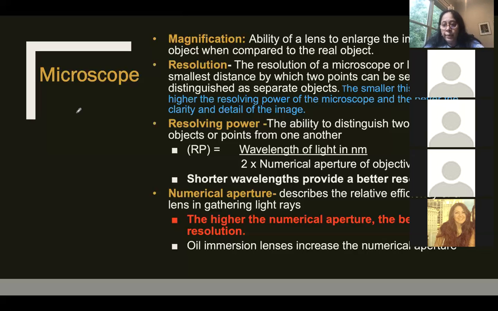Why is the research microscope much better? So basically, when you want to buy a good quality microscope, what are you going to look for?